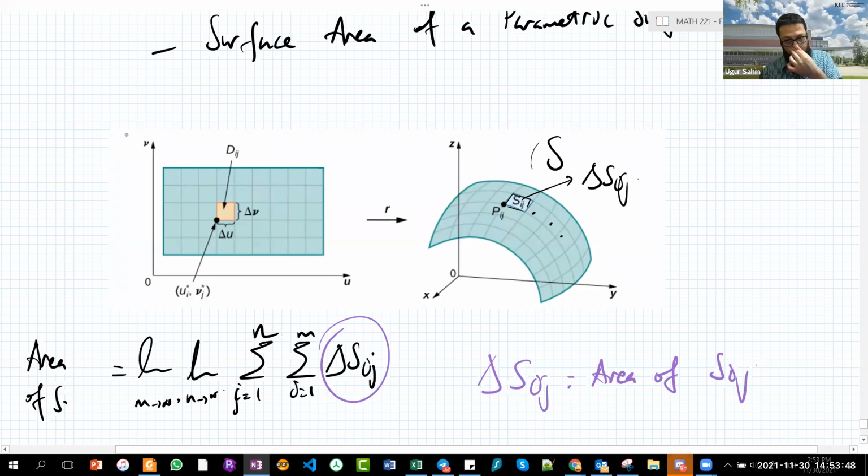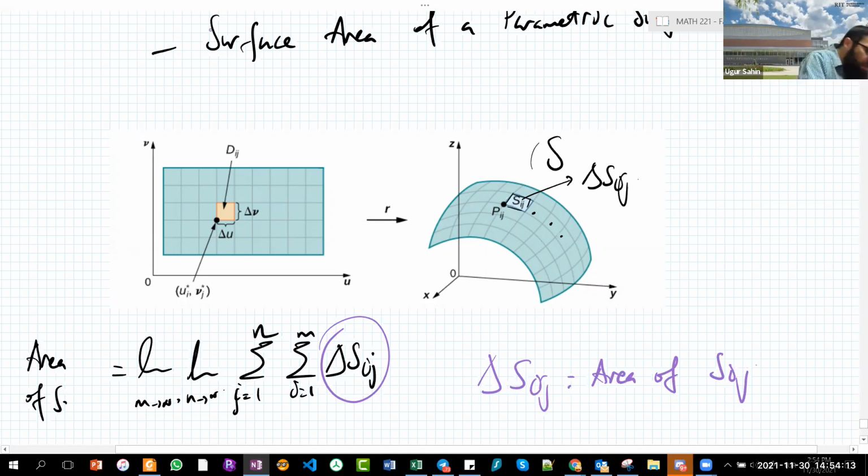You remember, when I discussed why we need the surface integral, I discussed the double integral. You need to grid the region D using rectangles, and since you know the rectangle areas, you can use them to calculate the region D.